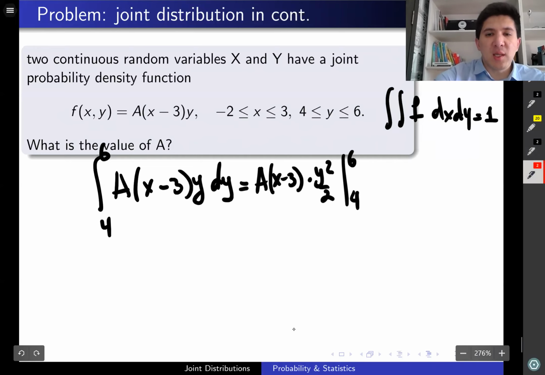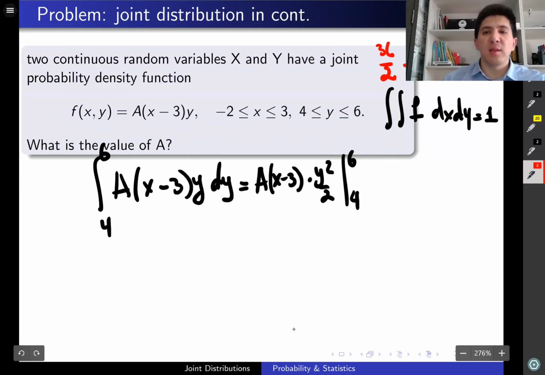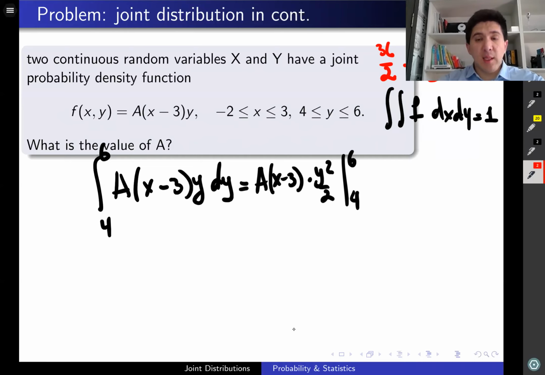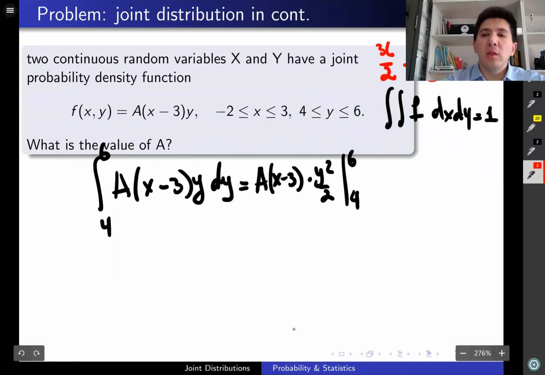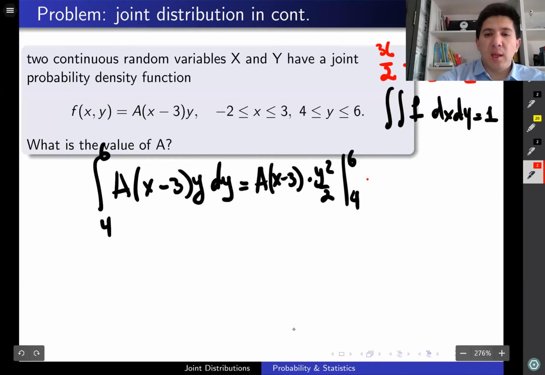If I substitute 6 instead of y, it's 36 over 2, minus, if I substitute 4, 16 over 2. So it's 36 minus 16 over 2, which is 20 over 2, or 10. So basically, it's equal to 10a times (x minus 3).